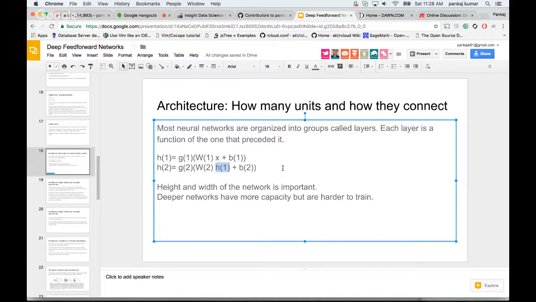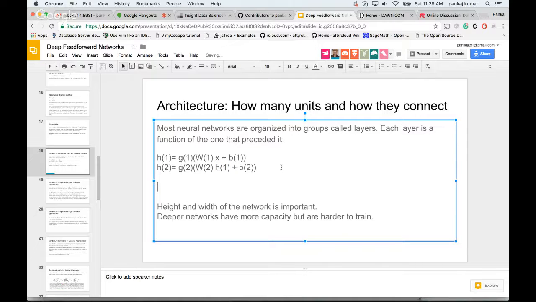It can also be written in the form h2 of h1 of x. So a two-layered neural network can be written in this form. So this is a composite function, and that's why the chain rule becomes very useful.